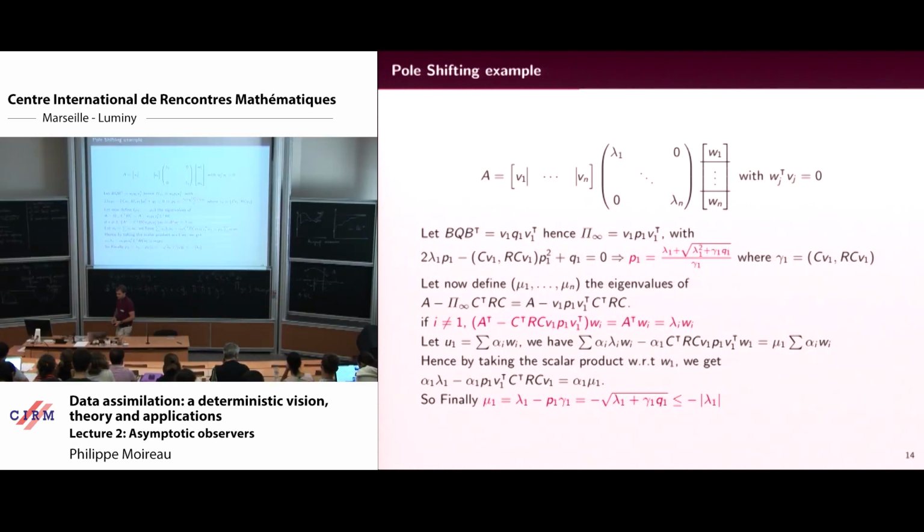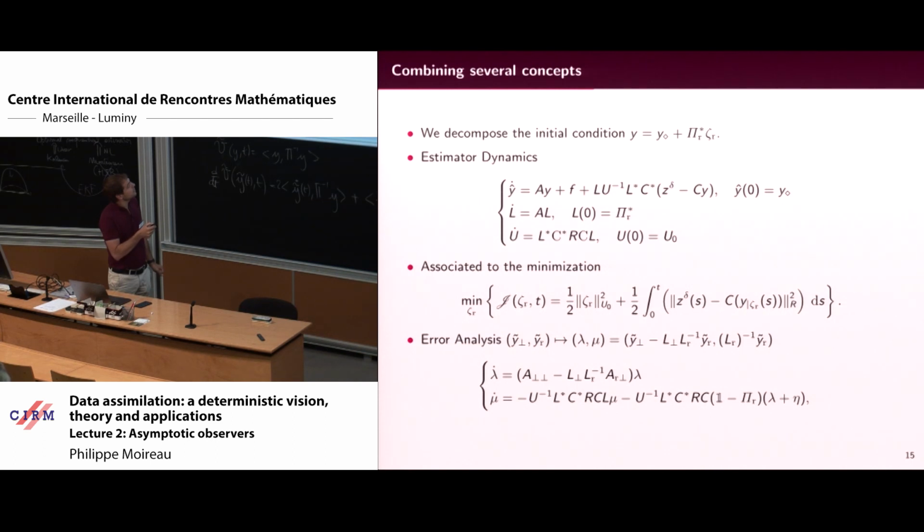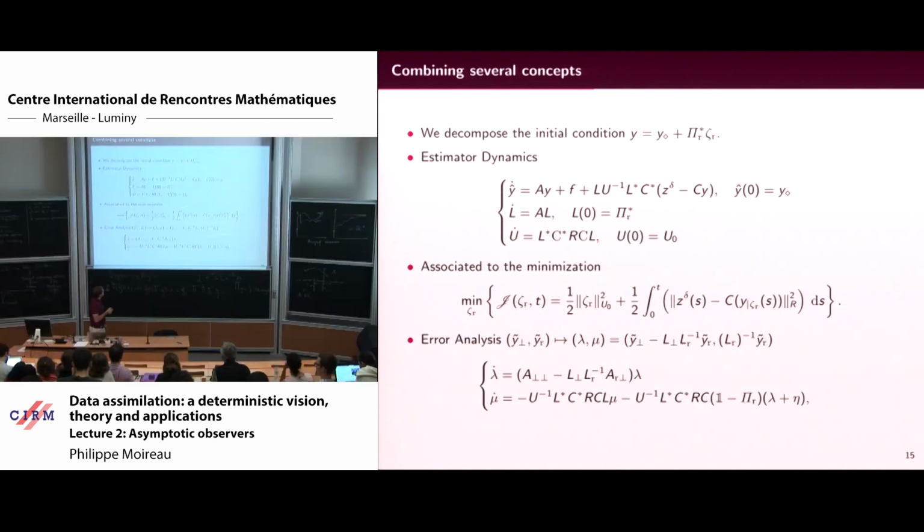So that's the idea. We did that in the infinite dimensional case by doing the reduced order Kalman strategy. You project on the subspace, you write the equation of the reduced order, and then you do the analysis to show that on the subspace you have moved the spectrum, and on the rest you will have stability.